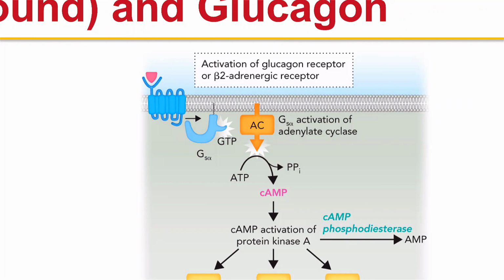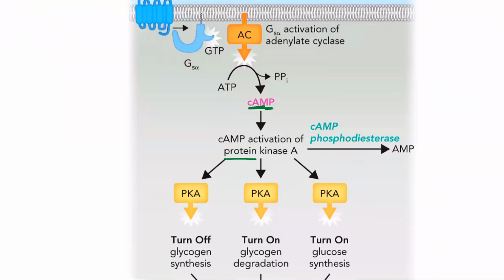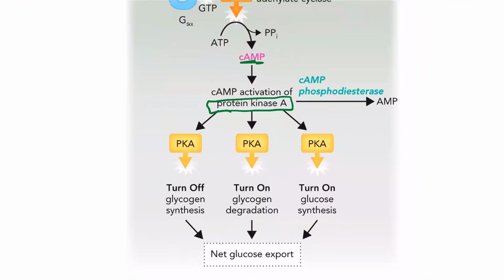When we activate our adenylate cyclase, we convert ATP to cyclic AMP. Now we have cyclic AMP, which is going to activate our protein kinase A. Our protein kinase A is going to do 3 different things. It's going to turn off glycogen synthesis, turn on glycogen degradation, and turn on glucose synthesis. All in all, these 3 things are going to result in a net export of glucose into the bloodstream. And that's exactly what we want.